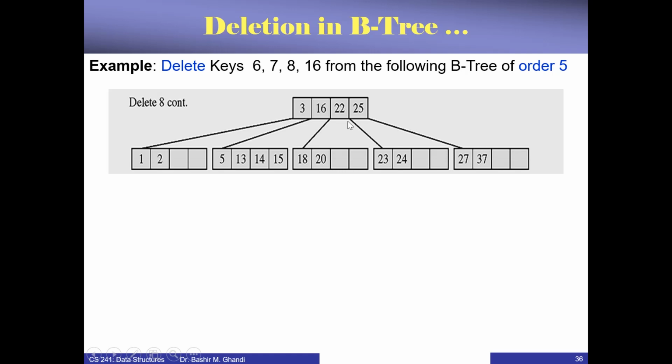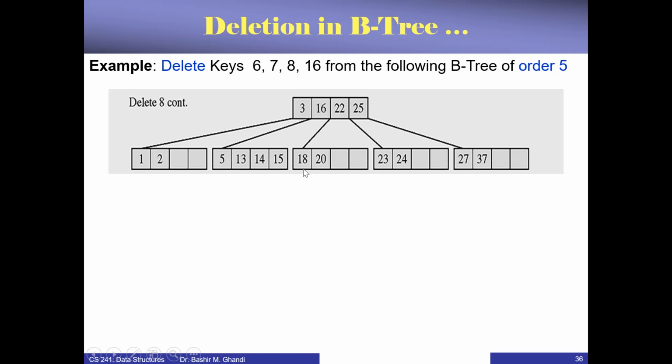The last part is to delete 16. Obviously 16 is not on a leaf node. Okay, so as we said, you have to swap it with either its successor or predecessor, each of which is on a leaf node: successor 18 or predecessor 15.